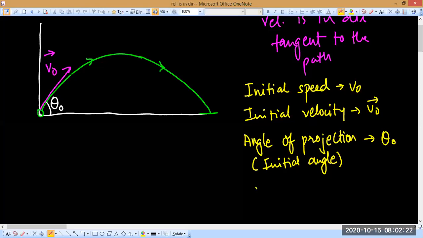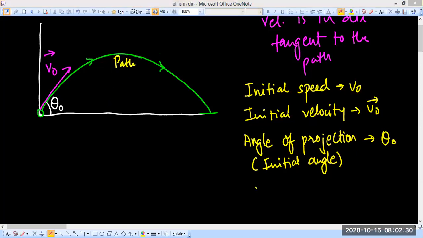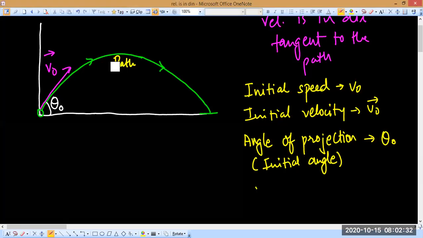It's a tangent to the path, right? The green that you are seeing is the path. And theta 0 is the initial angle, or the angle of projection. Angle of projection means the angle at which it is thrown, so this object is thrown at an angle theta 0.